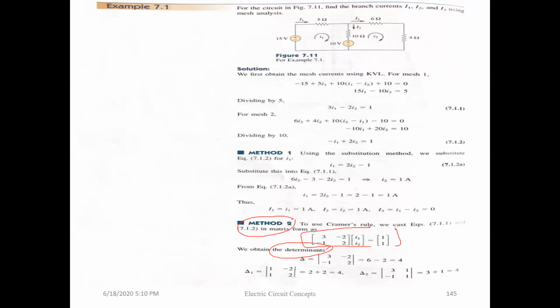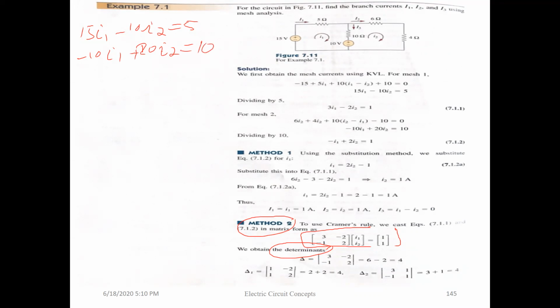So let me write down the two equations we have: 15 I1 minus 10 I2 equal to 5, and the second one will be minus 10 I1 plus 20 I2 is equal to 10. These are the two equations I have.